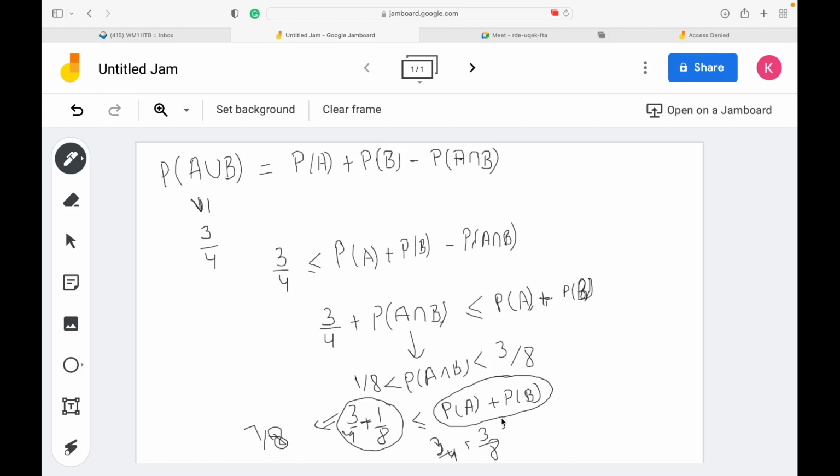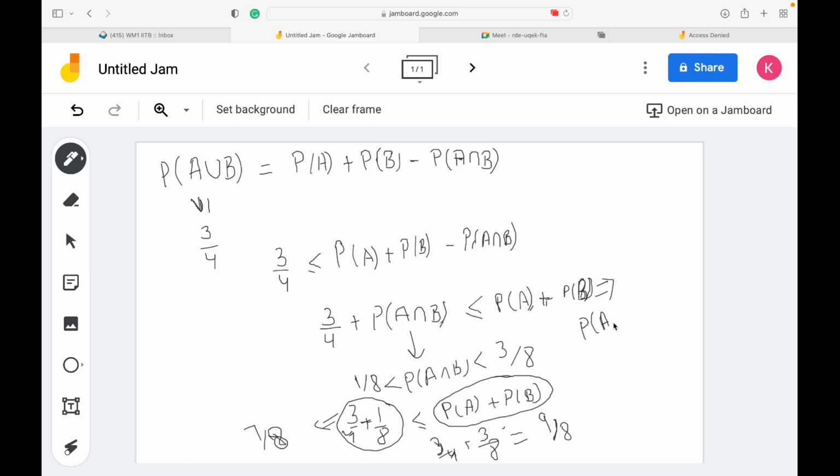And if we add this 3 by 4 plus 3 by 8, this will become 9 by 8. Or you can write it this way also.